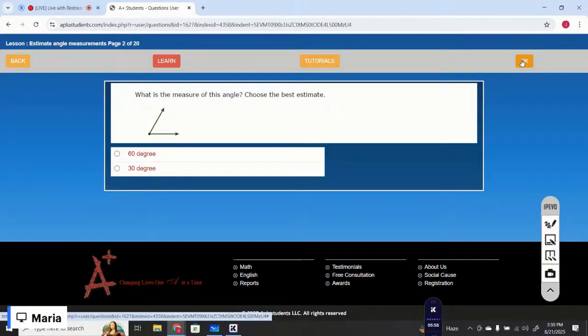What is the measure of the angles? Choose the best estimate. So what is the measurement of this angle? That is 60 degrees. Option one is the correct option.